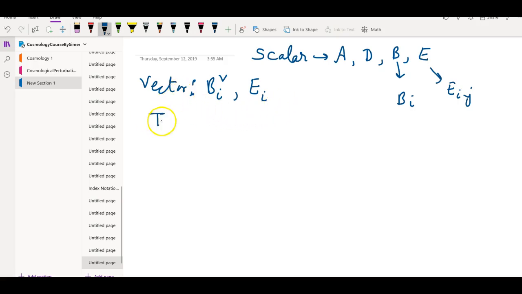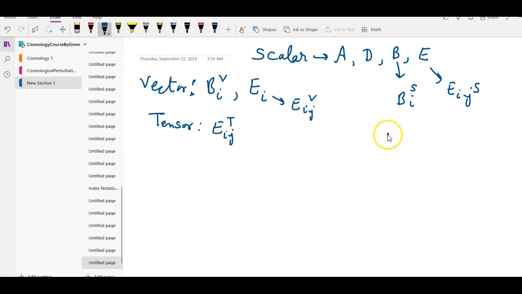Then we have the leftover tensor after you extract a scalar and a vector. This is extracted from eij vector, and this is extracted from bi scalar, and the leftover tensor is eij tensor.